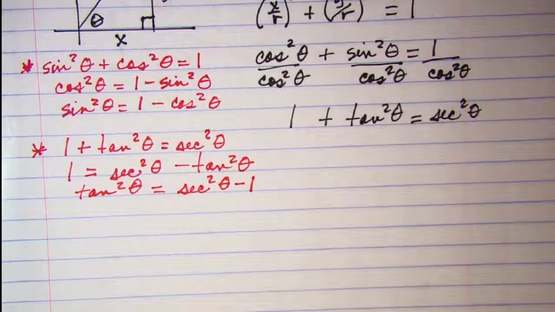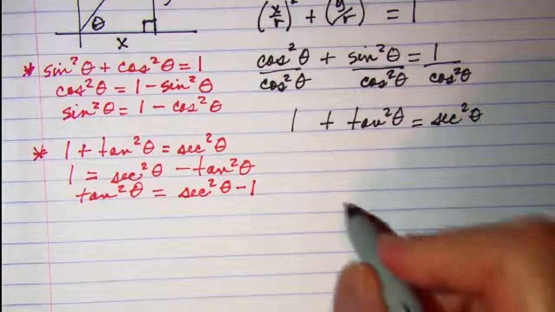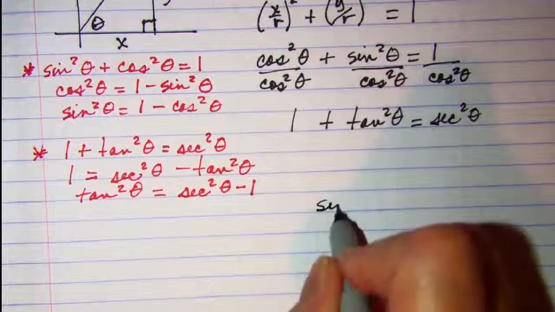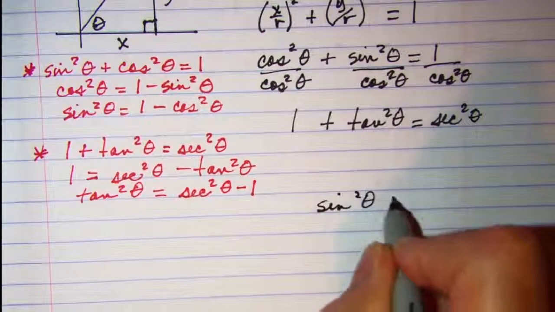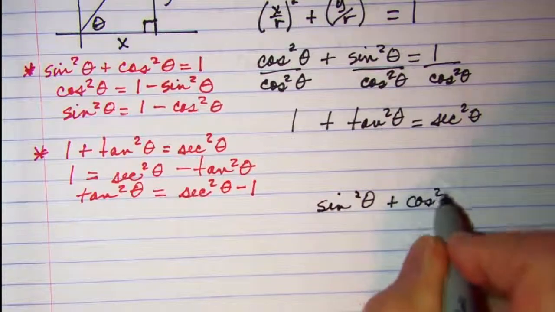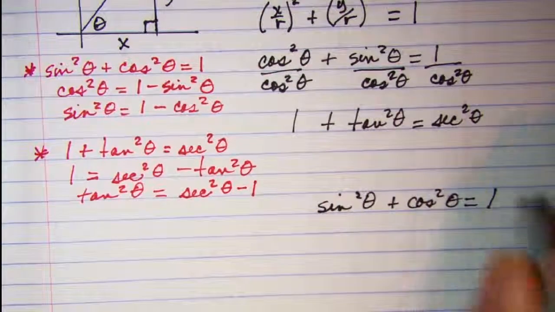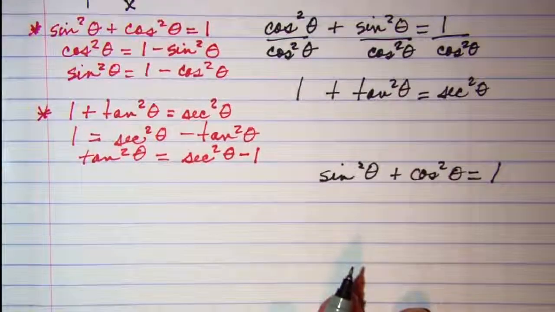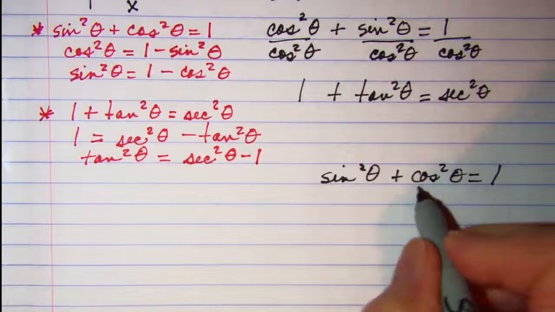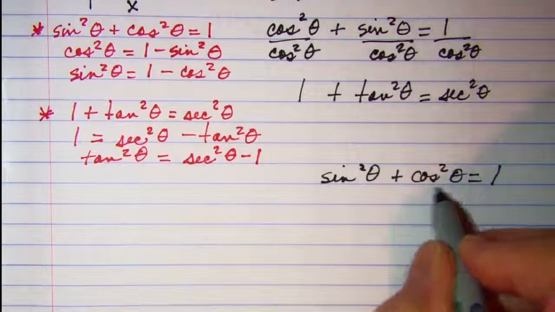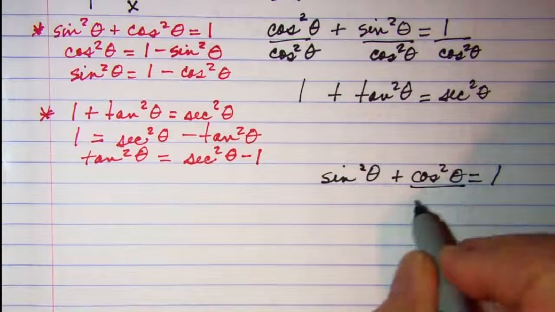Let's develop one with a cotangent in it. And again, I'll start with my sine squared theta plus cosine squared theta equals 1. And if I want a cotangent in it, I need to divide everything by a sine squared here.